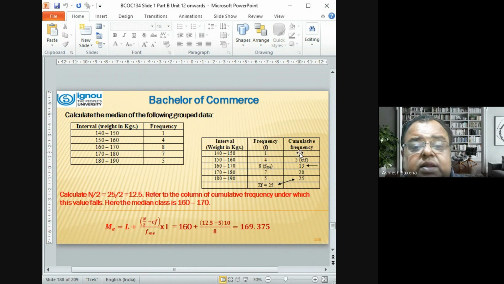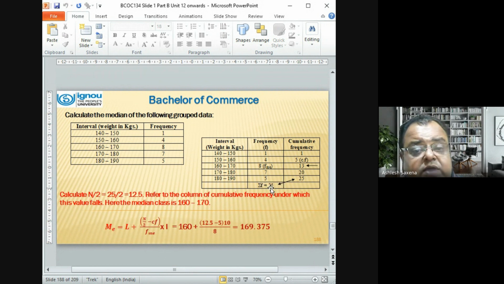Write 1 in front of this one. Then add this 4 to this one, you will get 5. Add 8 to this 5, you will get 13. Add 7 to it, you will get 20. And add 5 to it, you will get 25. Keep one thing in mind, this 25 and the sum over here will always be the same.